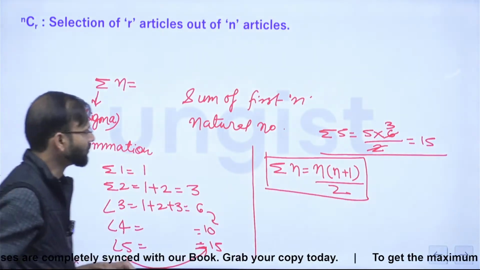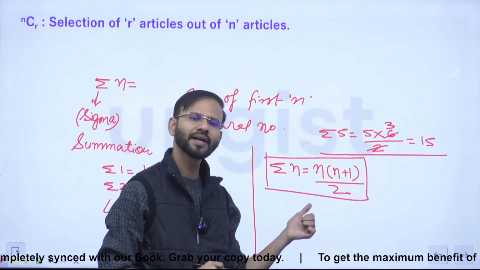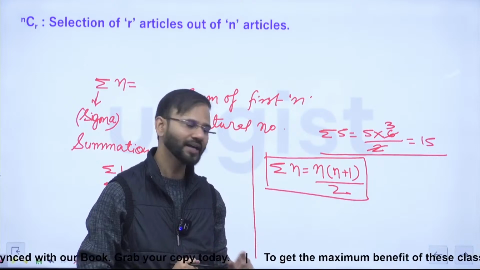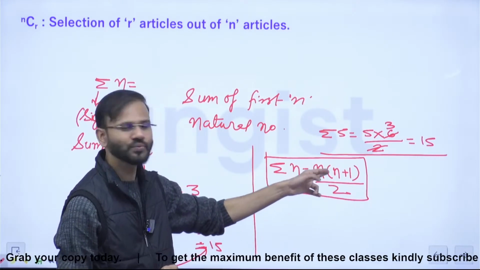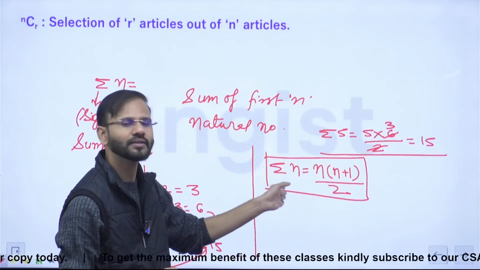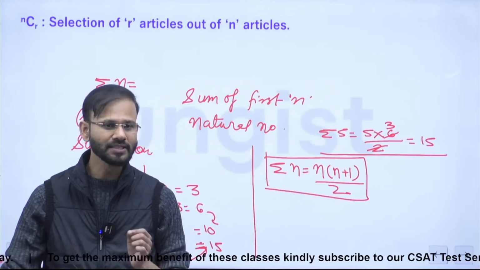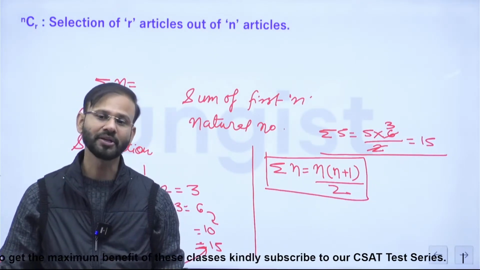So don't get confused between sigma n and nC2. In sigma n it is n into n plus 1 divided by 2, and in nC2 it is n into n minus 1 divided by 2.